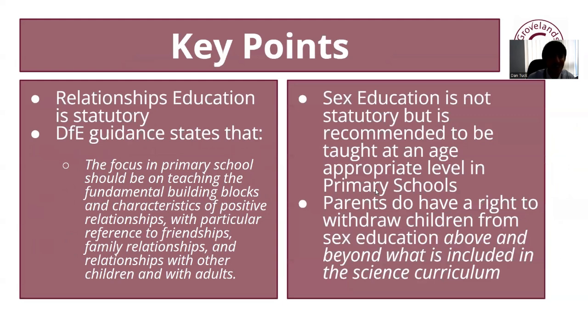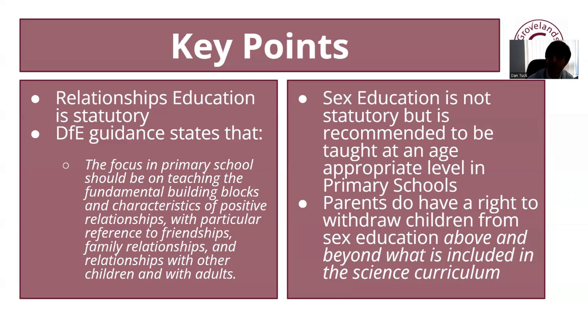Some key points to start with. RSE is relationships and sex education. Relationship education is statutory, which means that we have to teach it by DfE guidance, which states that the focus in primary schools is on teaching the characteristics of positive relationships, with a particular focus on friendships, family relationships, and relationships we have with other children, our peers, and with adults.